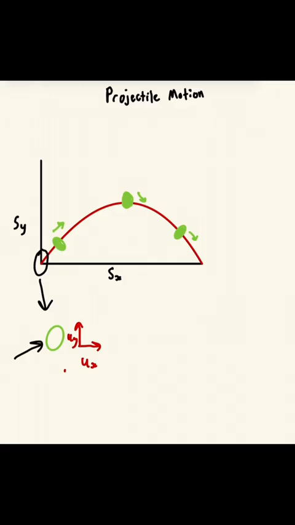Now, Vy is the final velocity. So if we look at the point over the other end, over here, the velocity will still be there. So you'll still have vertical and horizontal velocity, but this time it's called Vx for the horizontal and Vy for the vertical velocity. Now, this red line represents the path.